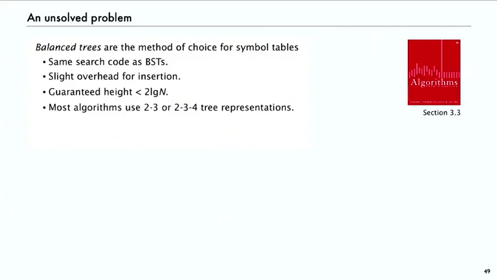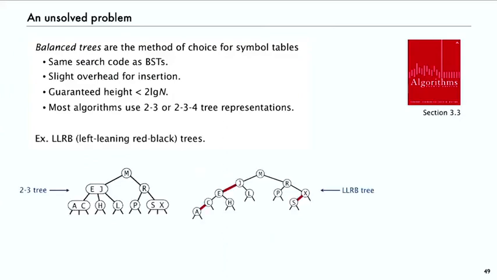And most algorithms use 2-3 or 2-3-4 tree representations, which actually translate right to binary trees. Again, without going into the detail, this is just an example of left-leaning red-black trees, which are the ones that are described in detail in Algorithms. And that's the 2-3 tree, and I don't need to even explain what that is.